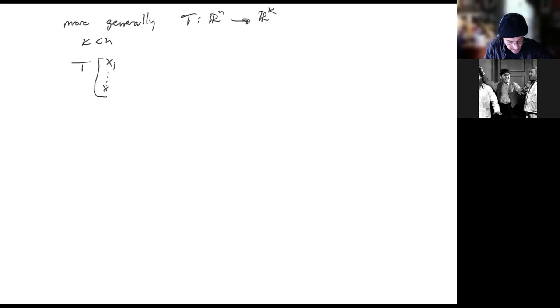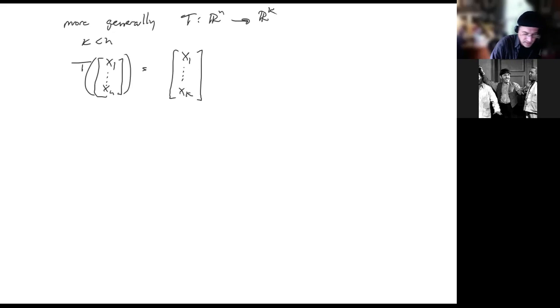More generally, if k is less than n, we have a linear transformation from Rn to Rk, which sends (x1, all the way up to xn) to a vector where I just select the first k entries and form a column vector from them.